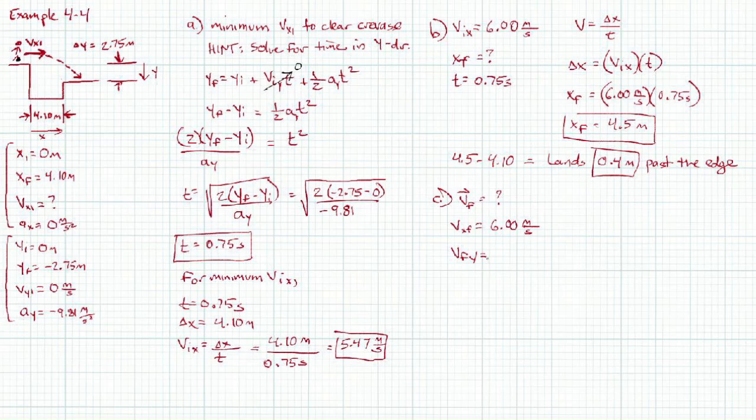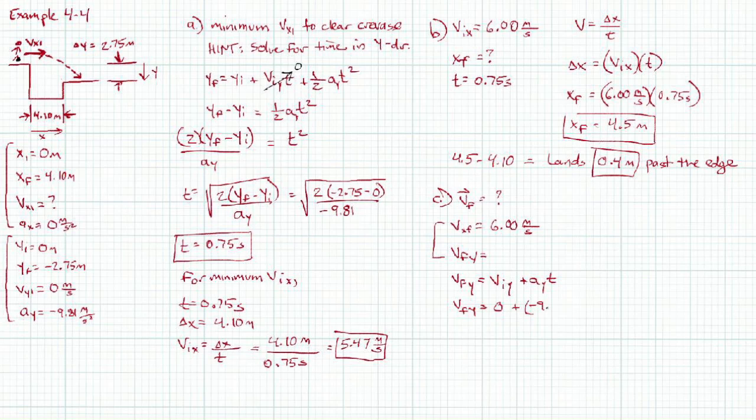What is that? We want to find that so we can combine these two together using the Pythagorean theorem and get our v final. Well, our velocity final in the y direction equals velocity initial in the y direction plus acceleration in the y direction times time. The initial velocity in the y direction is 0, right? Well, that's easy.